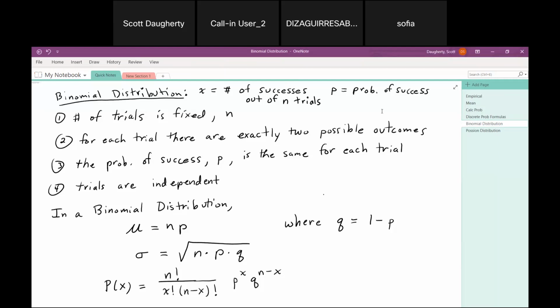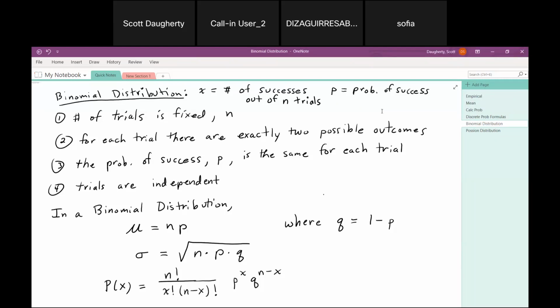With respect to the 2 outcomes, one of them is going to be called a success, and the other outcome is going to be called a failure. The probability of succeeding has to remain the same every time you run a trial. That can't change when you run different trials.